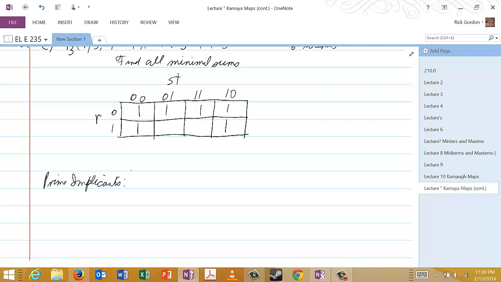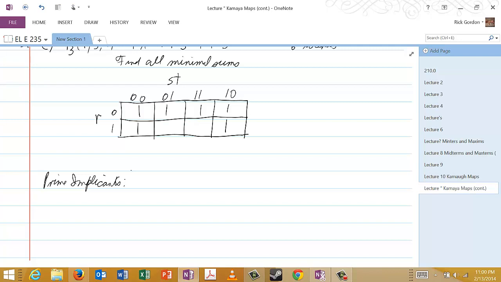So let's go down now to groupings of 4 one cells. Well, indeed, there are rectangular groupings of 4 one cells here. And I feel very confident you see one for sure, and it is the 4 ones at the top of the Karnaugh map. But there is another rectangular grouping of 4 one cells, and you need to be aware of it.